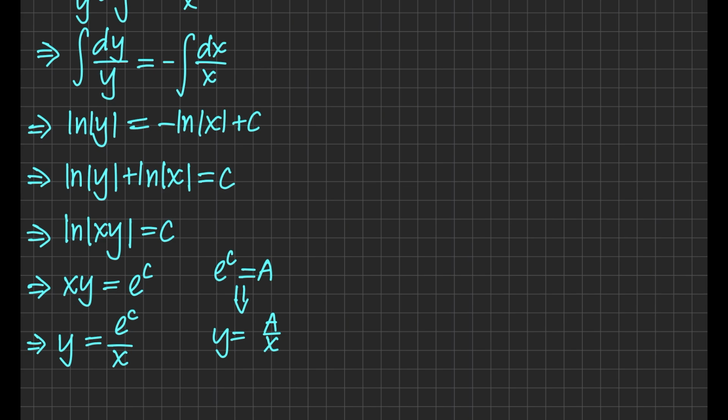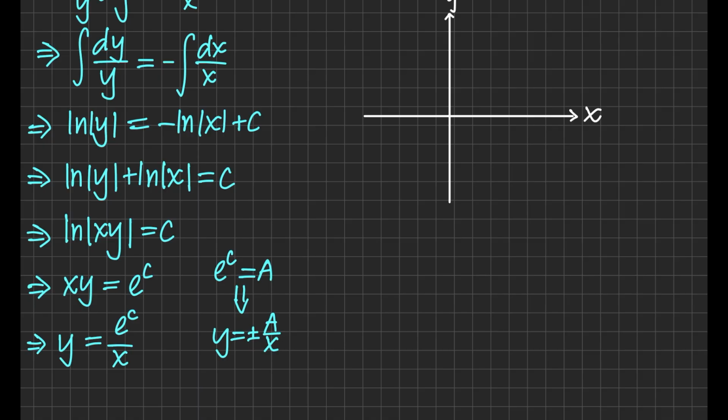And note, since we removed the absolute value from the equation, the solution could be negative or positive. So we have to add plus minus a over x for the final solution. So this is an equation with asymptotes at the axes.